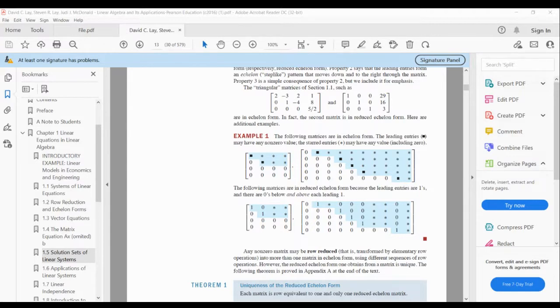And there are zeros below and above each leading entry of 1. Do you see the difference between echelon form and reduced echelon form in example 1 there?